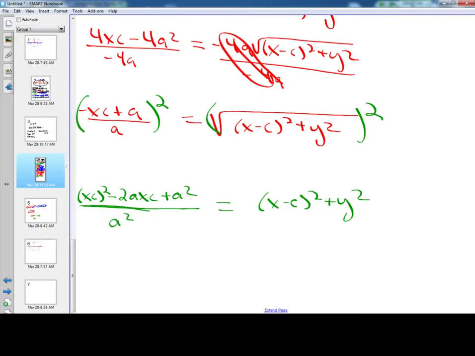So I'll go ahead and expand this for you guys. That becomes x squared c squared over a squared minus 2xc over a plus 1.